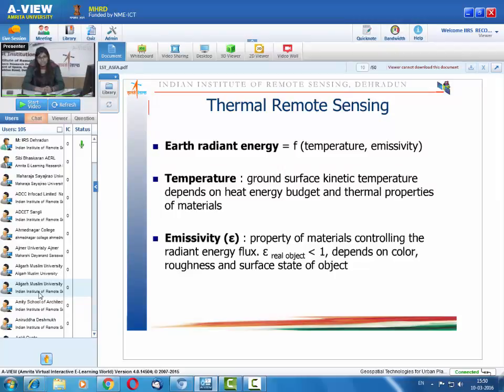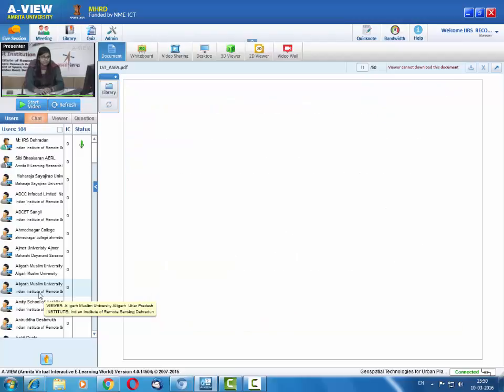And emissivity is the property of the material controlling the radiant energy flux, and it depends upon various factors like color, surface roughness and the surface state of the object. In detail, we are going to discuss the emissivity.